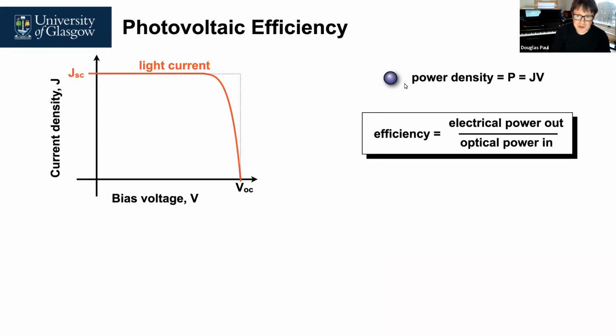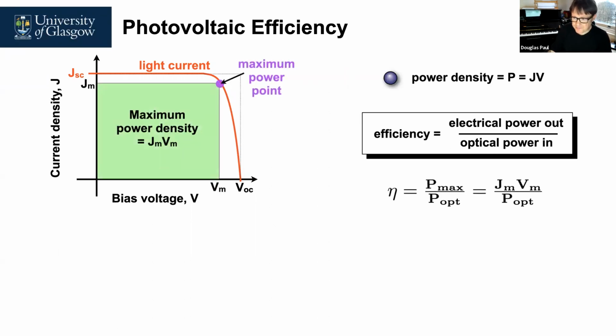This is a power density because we've defined it as J. J, the current density, is just the current I divided by the area. So the power would be the current times the voltage, and the power density, of course, is J times the voltage. To get the efficiency, it's the electrical power out divided by the optical power in.